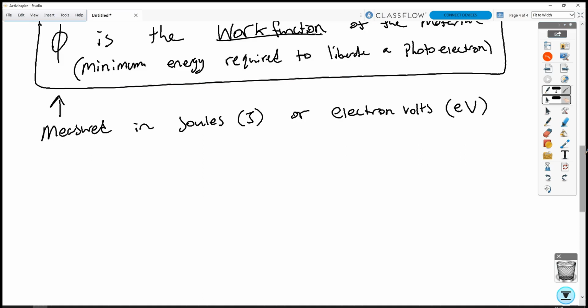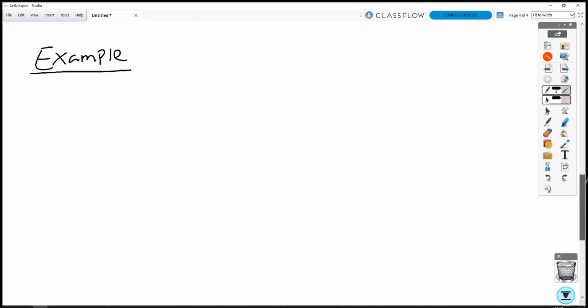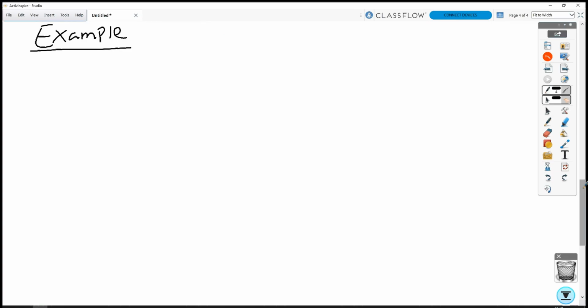Right, before we end lesson 1 on the photoelectric effect, we'll also do a short example. And I'm going to need your help on this one with your calculators. So make sure your calculators are ready. So we have some metal.